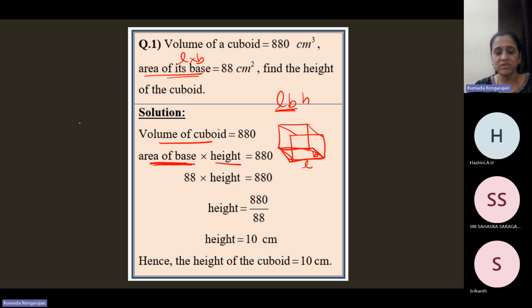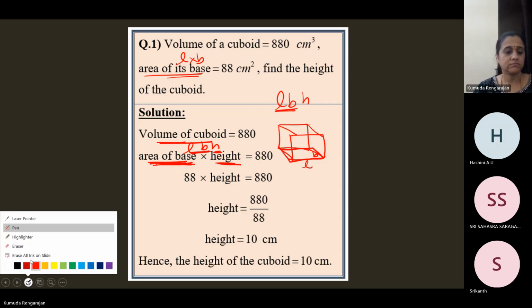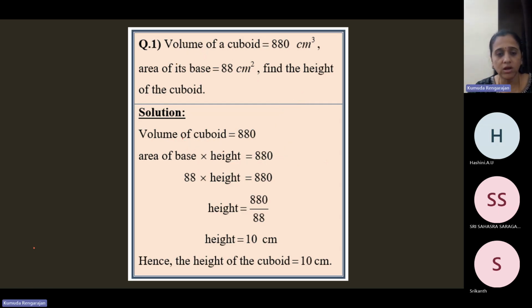Volume is given by L into B into H, and L into B is the area of the base, into height is equal to 880. Maybe you can include that here. Volume is L into B into H is equal to 880. And this L into B, area of the base, into height is 880. So 88 into H is 880. And yeah, it's 10. So the height of the cuboid is 10 centimeters.